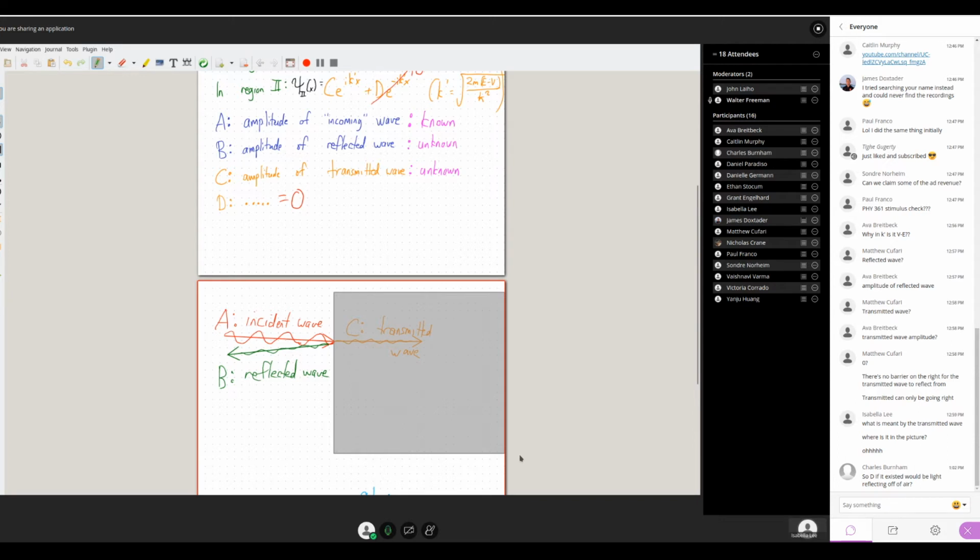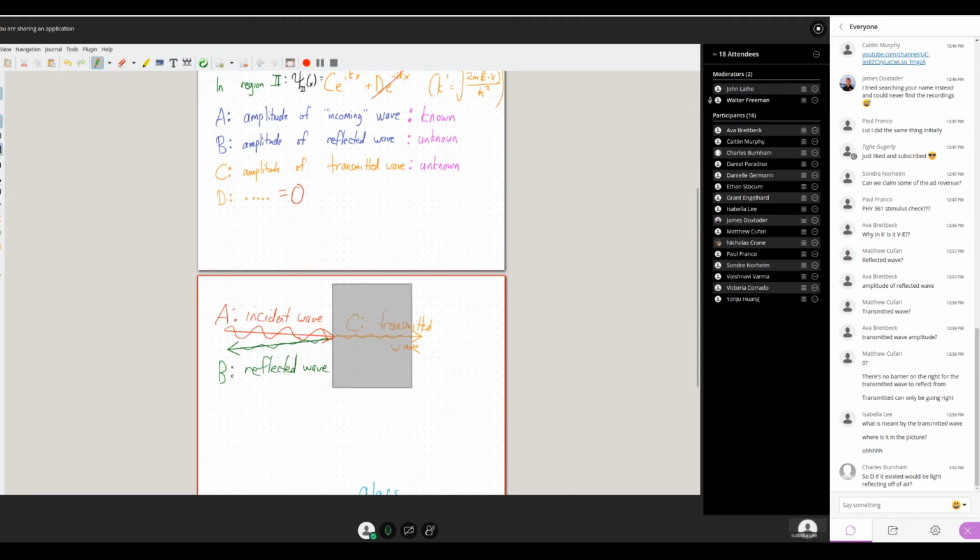But next, once we're done analyzing this situation, we will analyze a situation where the piece of glass doesn't go on forever, where this is some finite thing, and where we could have a situation with light that goes here and bounces off of that barrier, that interface. Some of it comes back and some of it is transmitted over here. So after we're done with this one, we will have one with a D and an E.